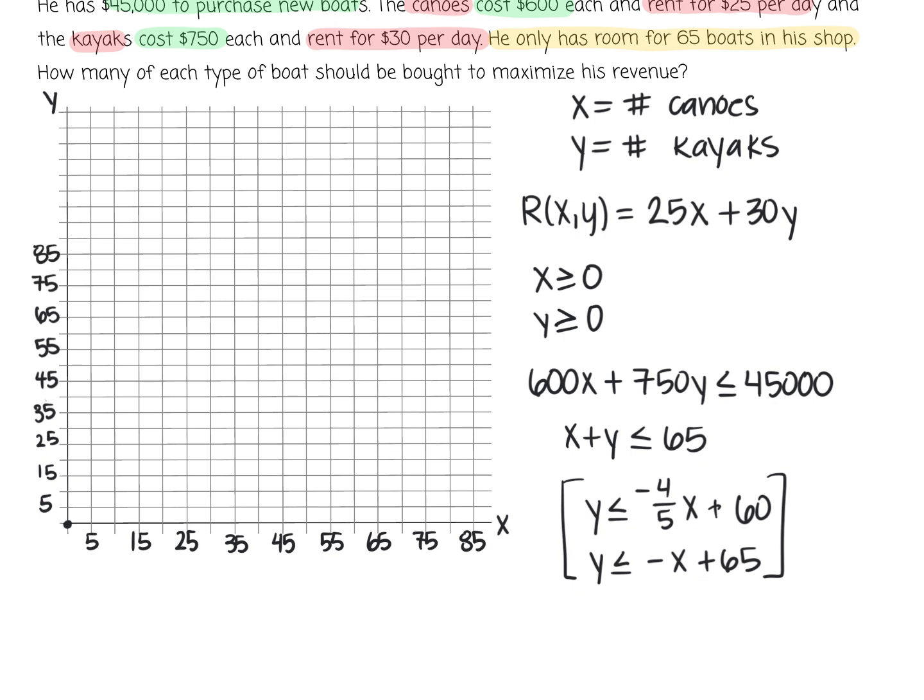There we go. So the first inequality I'm going to graph is y less than or equal to negative 4/5 x plus 60. So I'm going to start my y-intercept at 60. And then because I went up by the same scale on my x and my y axis, I can go down 4 and over 5. And then I can keep doing that.